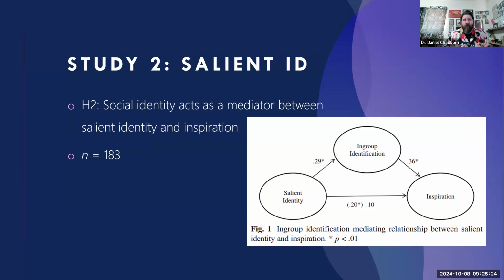It explains the relationship: when people think about a time they were inspired, it makes them feel more inspired, but the explanation was the strength of their identity. Students who had high university identity were more inspired.